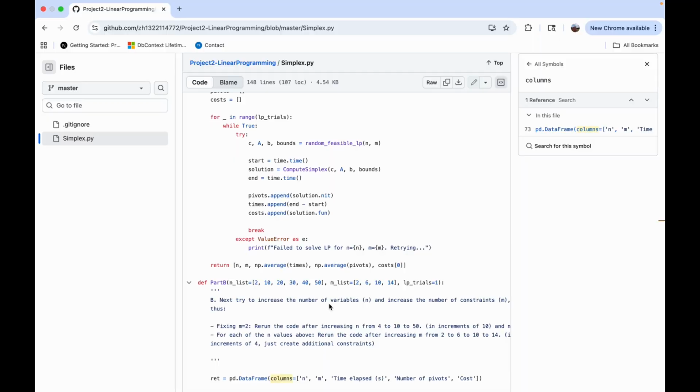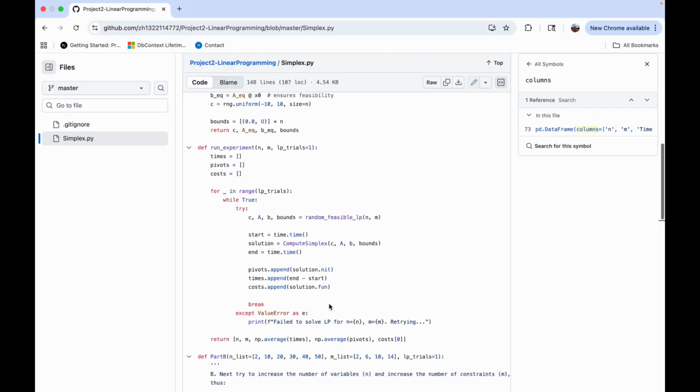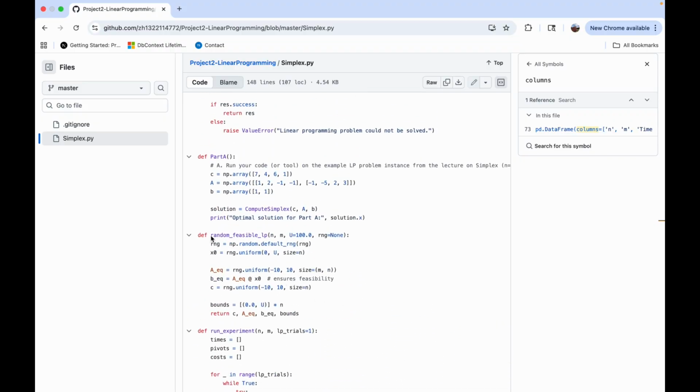One of the most challenging aspects of this project was how to generate a random feasible linear programming problem, because initially we randomly generated X0, AEQ, and BEQ.